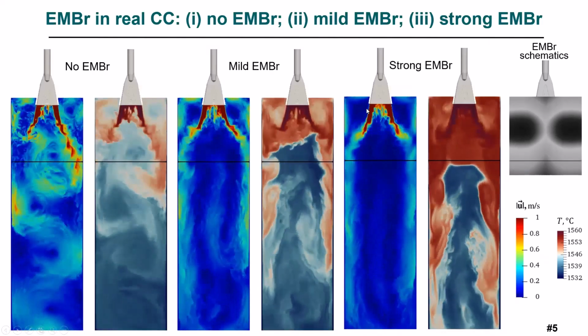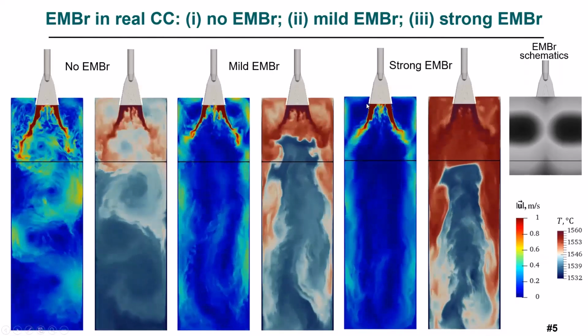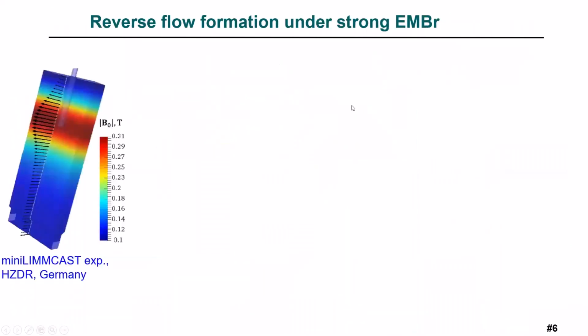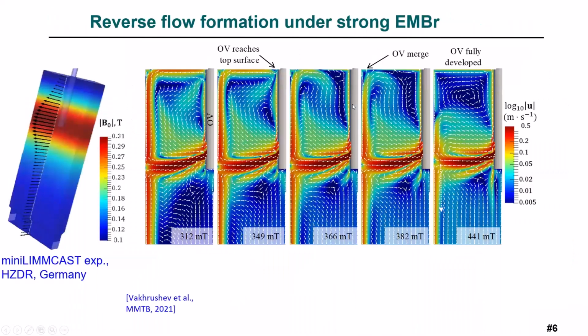So you should apply this process only to some limits, because during our studies preliminary to the study I present today, we have found, which is also approved by experiments, that with a growing magnetic field you can actually start reversing your flow, because the application of electromagnetic braking is actually a redistribution of the linear momentum.